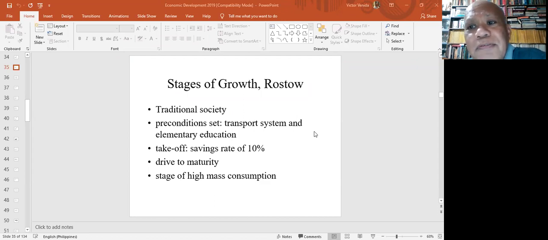Savings plays a very, very important role in economic analysis from the very beginning, in the path-breaking work of Adam Smith, The Wealth of Nations.